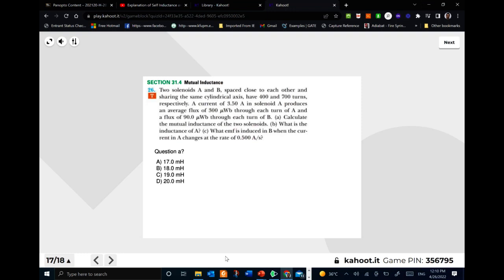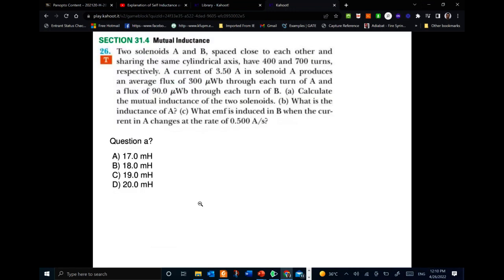So now we will determine whether you understand mutual inductance or not. We have two solenoids A and B, spaced close to each other, sharing the same cylindrical axis. One has 400 and the other 700 turns.